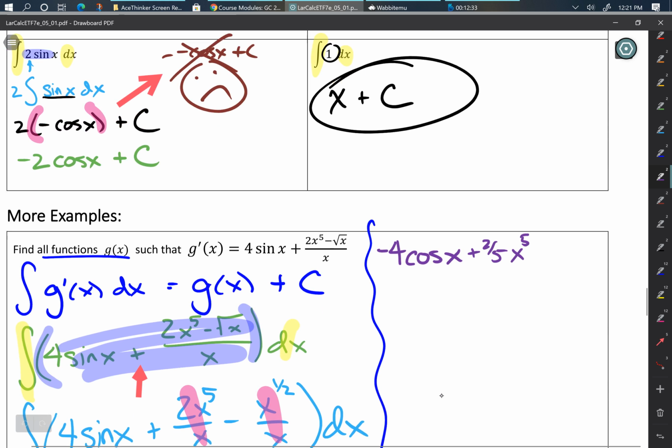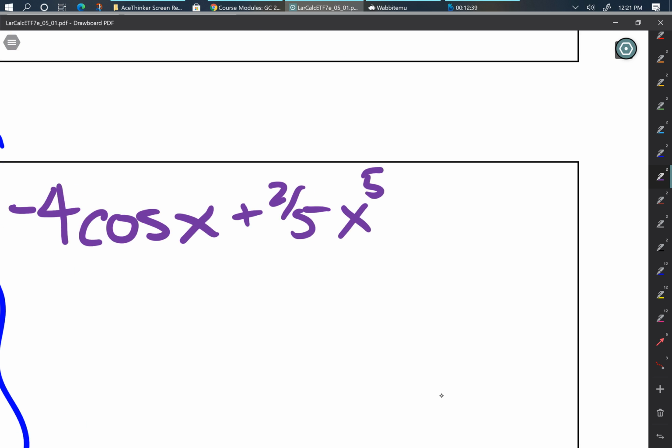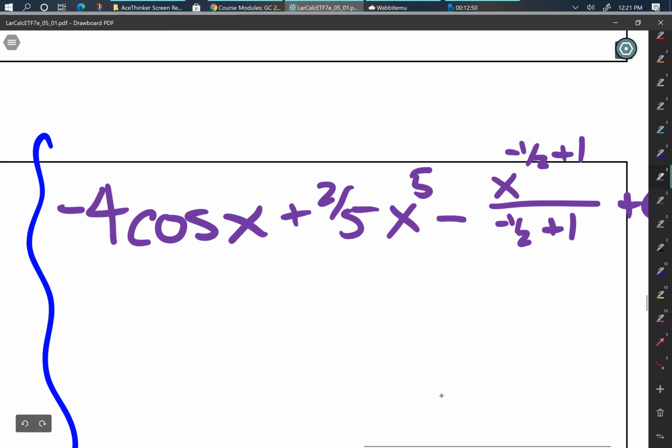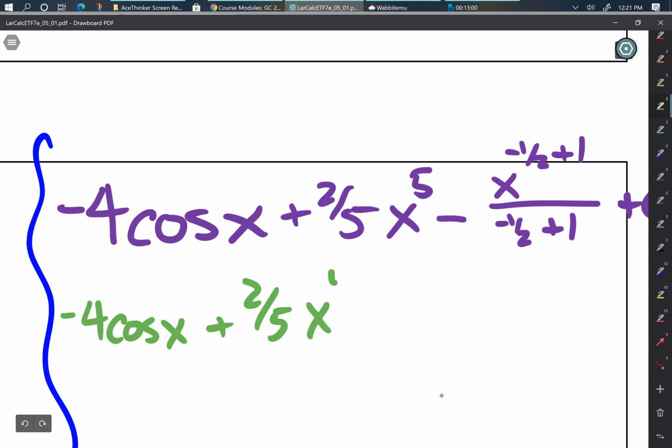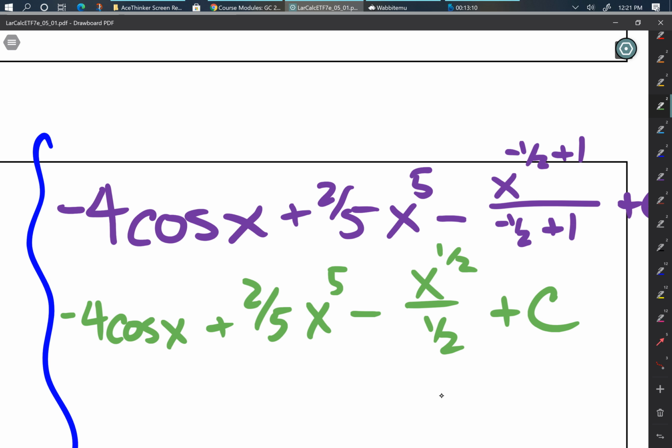Now, I have not yet done x to the negative 1/2, so I'm going to have to figure this one out. So according to the power rule, that's going to become minus x to the negative 1/2 plus 1 divided by negative 1/2 plus 1, and of course, big old plus c on the end. So then cleaning this thing up a little bit, I'm going to get negative 4 cosine x plus 2/5 x to the 5th minus x to the 1/2 divided by 1/2 plus c, but divided by a half, flip and multiply, 2.